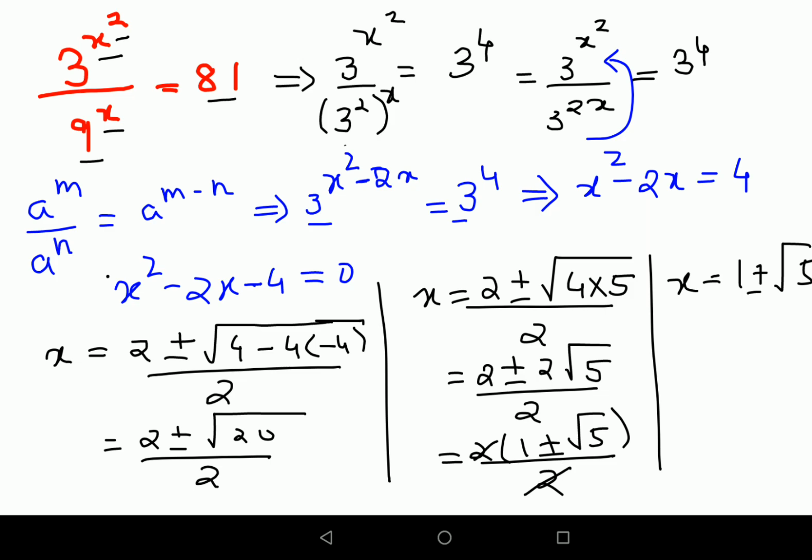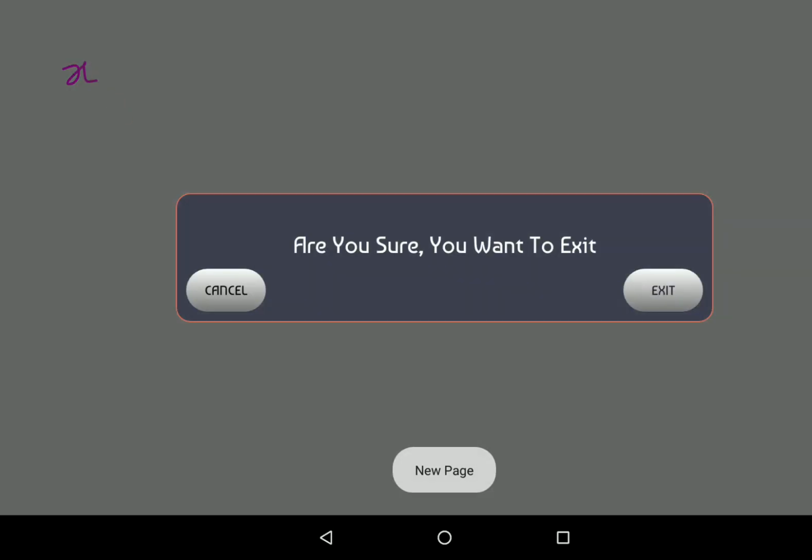But students, I am going to show you a trick with which you can do this literally in seconds at this particular step. I will just write this again: x square minus 2x equals 4 you had, right? All you had to do was use the logic of completing the squares. Completing the squares means you take half the coefficient of x and then you square it.